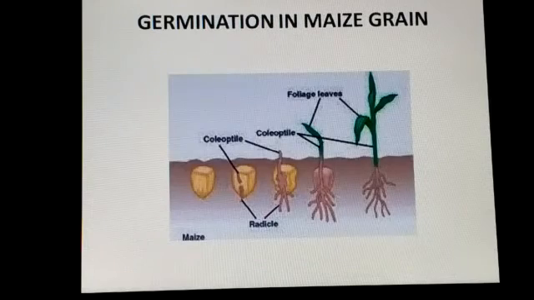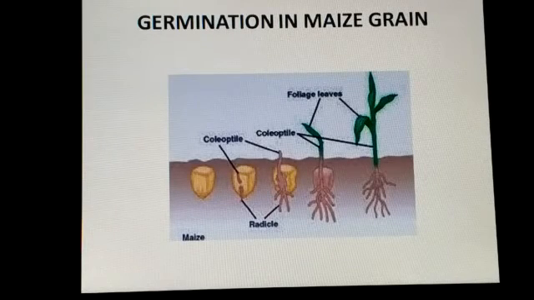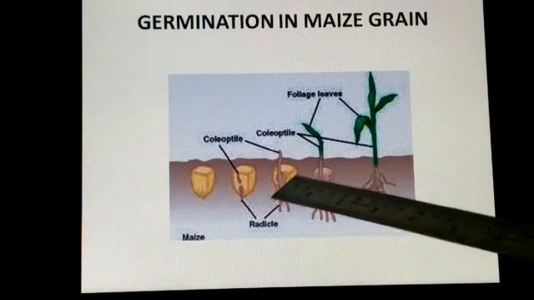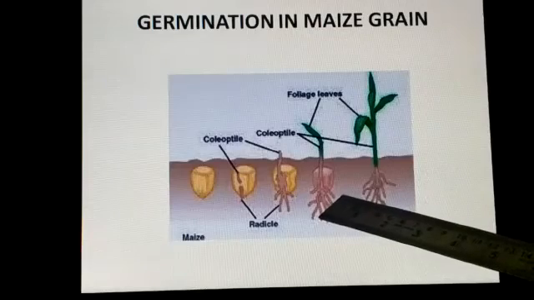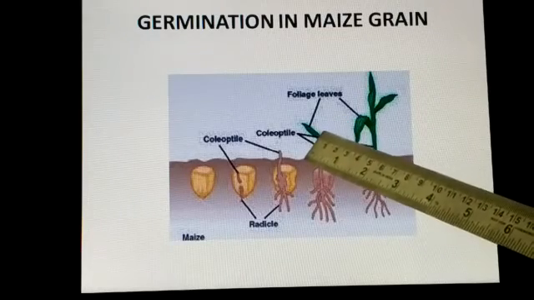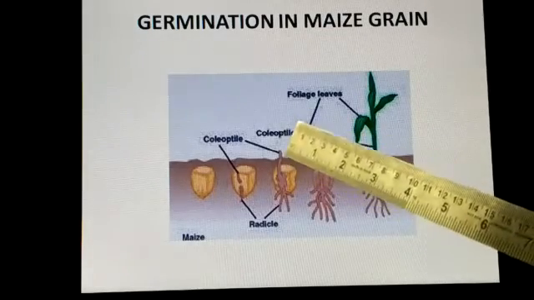Now, let's see germination in maize grain. Now, here you need to identify yourself. All right. Look at the cotyledon and the growth of epicotyl and hypocotyl. Could you guess? So now let's see. Cotyledon here is remaining under the ground. It means which part of the embryonic axis grew more? The epicotyl grew more. When epicotyl grew more, you can see it's very clearly shown.